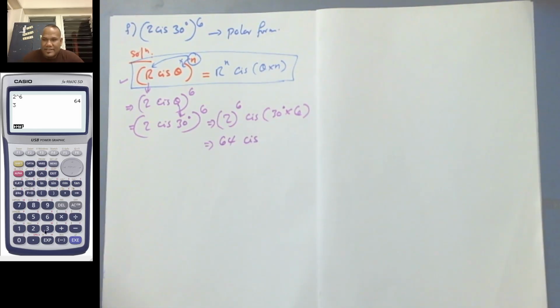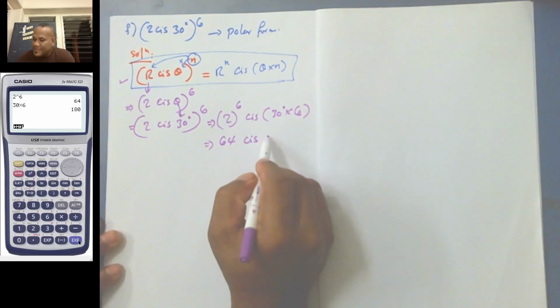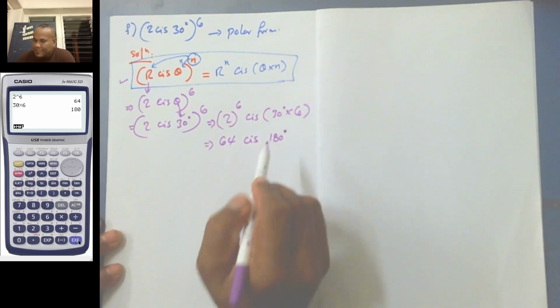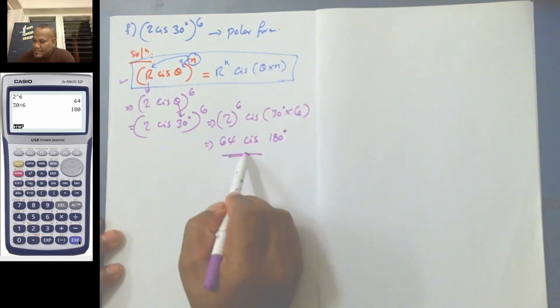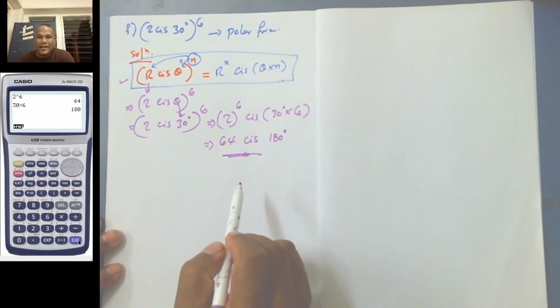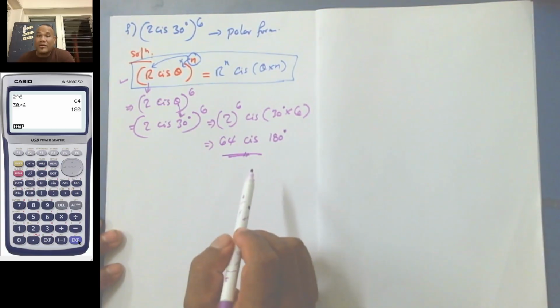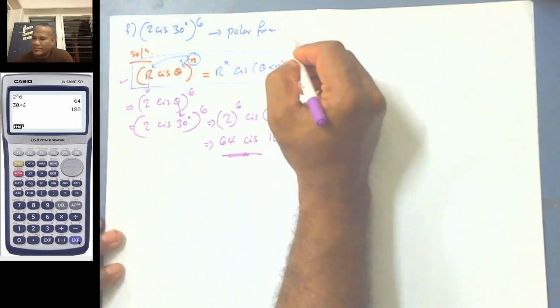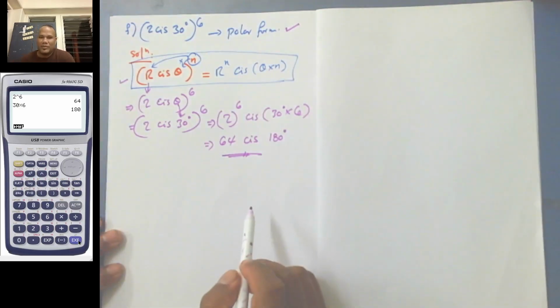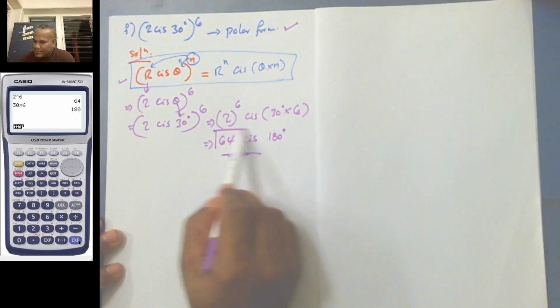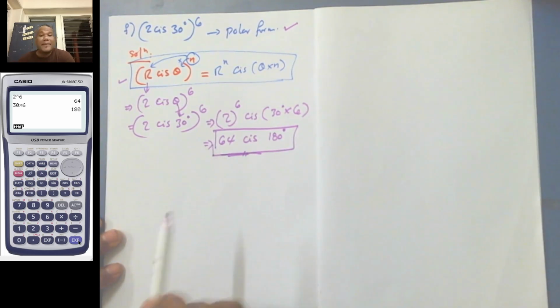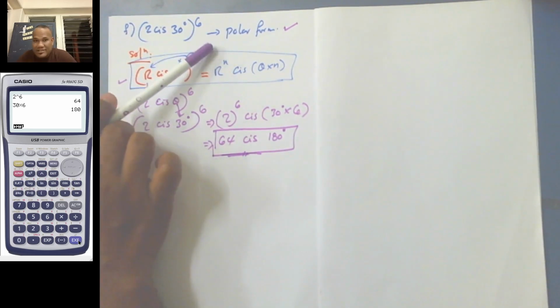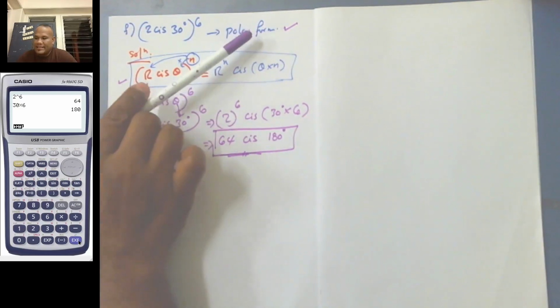So let's press 30 times 6, which will give us 180 degrees, and this is our answer. Why? Because according to the question we need to leave our answer in polar form, and this is in polar form. But in some questions, when they don't mention polar form, take this out.